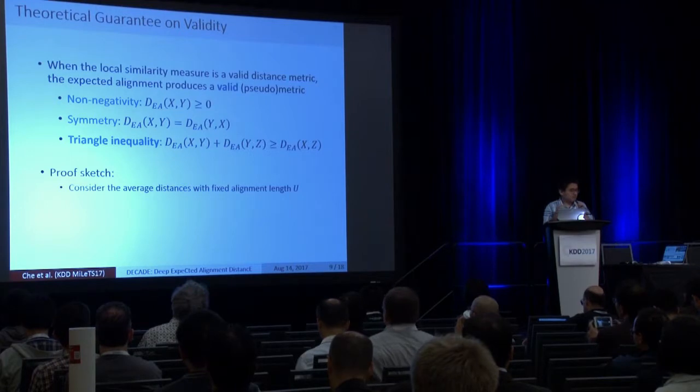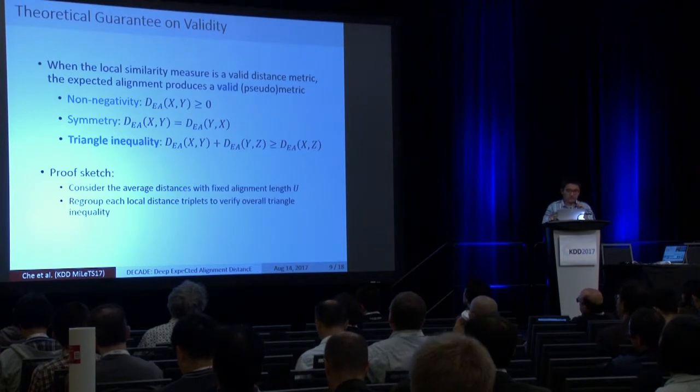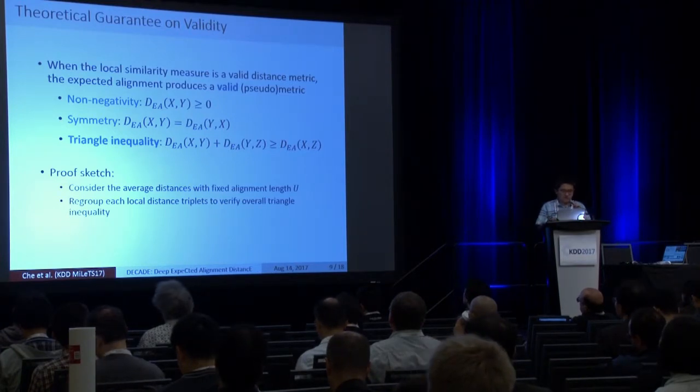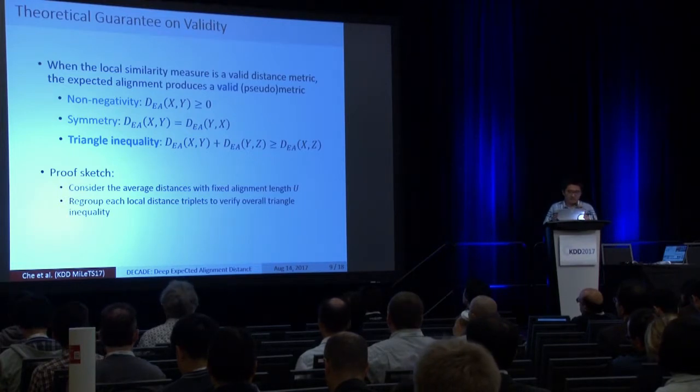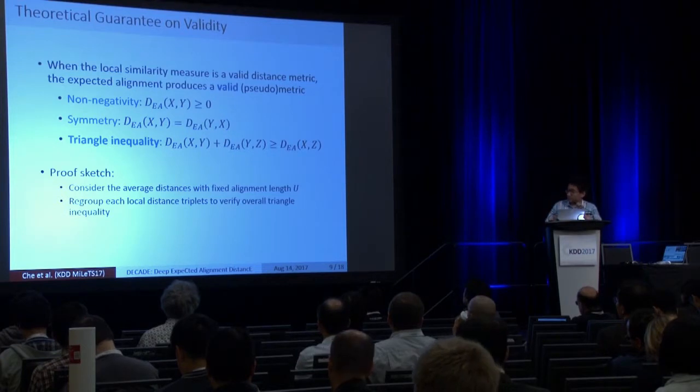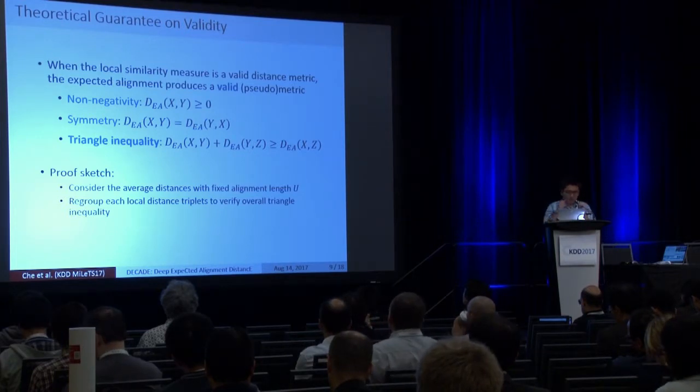We can first fix the length of the alignment, and then we can regroup each local distance triplet, because the local distance itself satisfies the triangle inequality. And after we do this regrouping and summation, the final global alignment distance will also satisfy this.